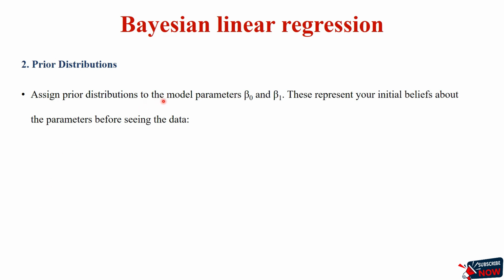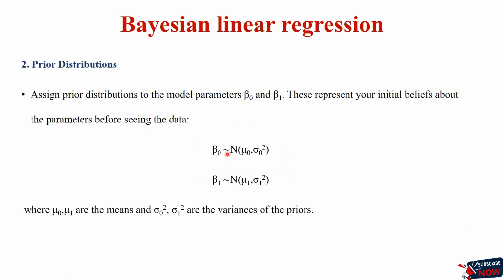Now assign prior distributions to the model parameters beta naught and beta 1, which represent the initial beliefs about the parameters. Beta naught and beta 1 are represented in this way, where mu naught and mu 1 are the means and sigma naught squared and sigma 1 squared are the variances of the parameters.